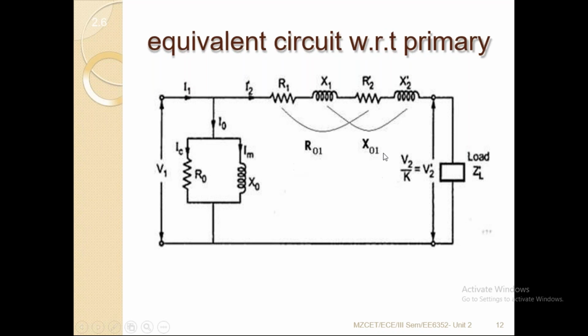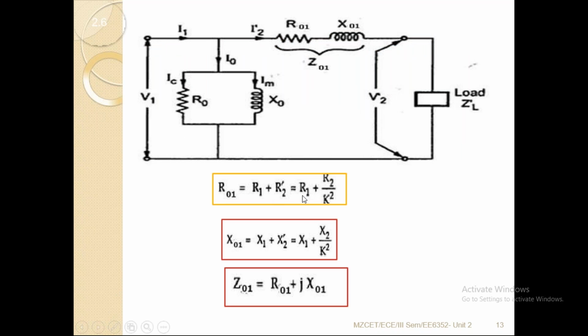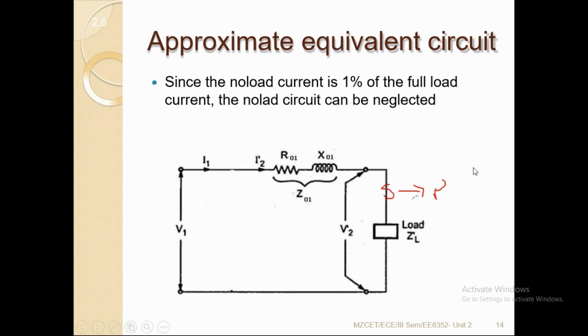So this circuit diagram is referred to the primary, with the secondary parameters shifted to the primary. And finally, we can get the approximate equivalent circuit with R01, X01, that is equivalent resistance, equivalent reactance and equivalent impedance.